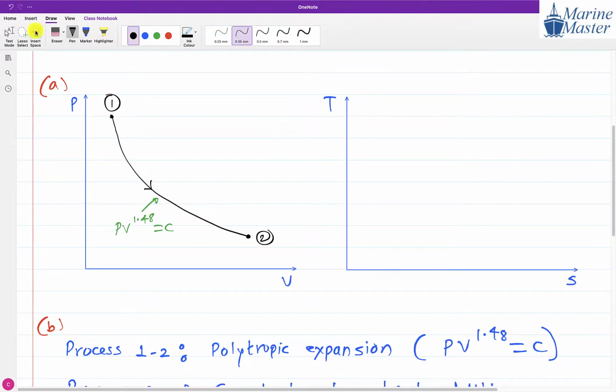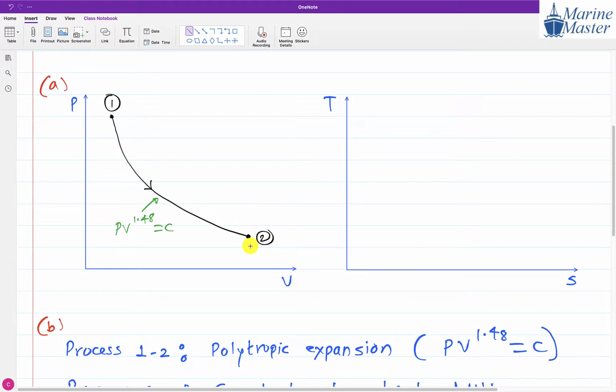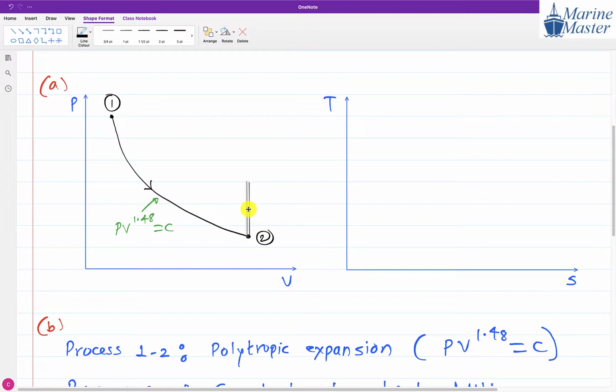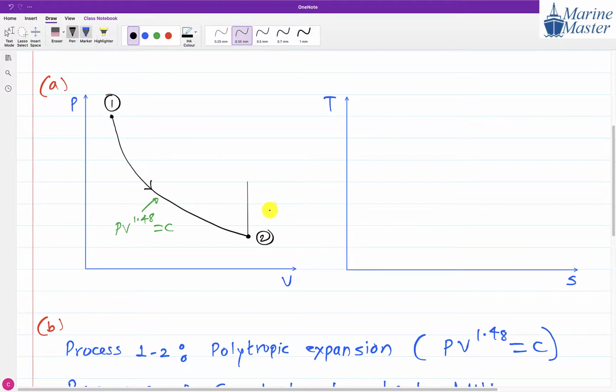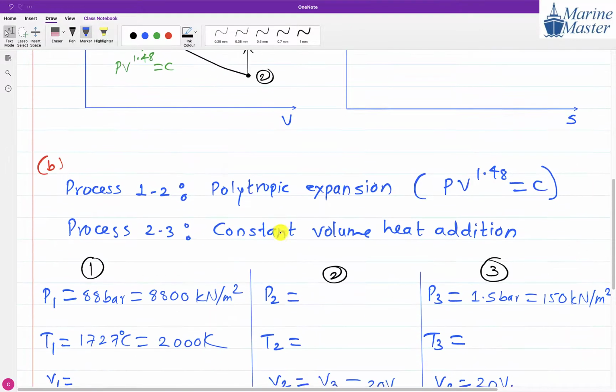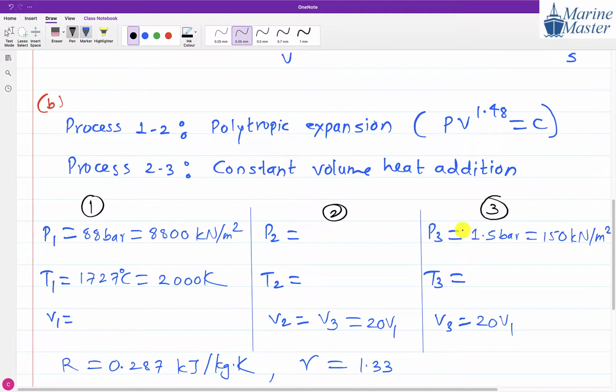Constant volume heating means pressure increases at constant volume, a straight vertical line, but it will not go above point 1. Remember this point. Why does it not go above point 1? The final pressure is 1.5 bar and the initial pressure is 88 bar.